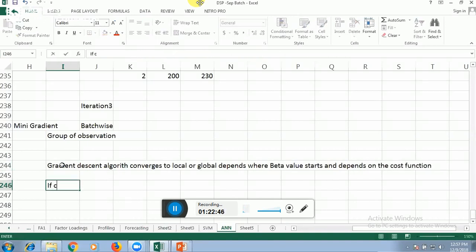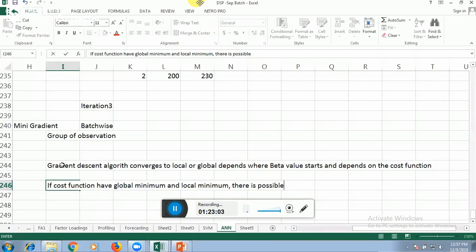If the cost function has a global minima and local minima, there is a possibility of not getting the optimal solution.